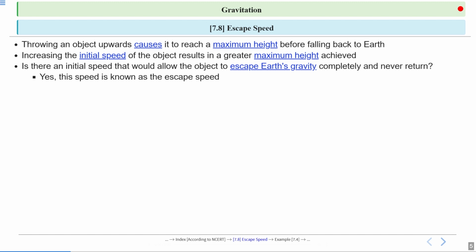There is such a speed and it's known as the escape speed. This is the minimum speed needed for an object to break free from Earth's gravitational pull without any additional propulsion. It's a key concept in space travel and exploration.